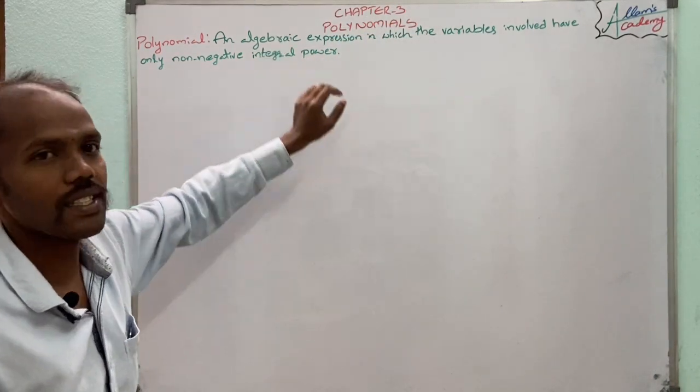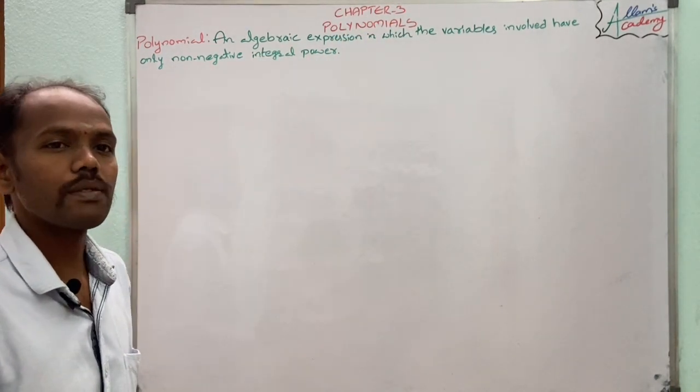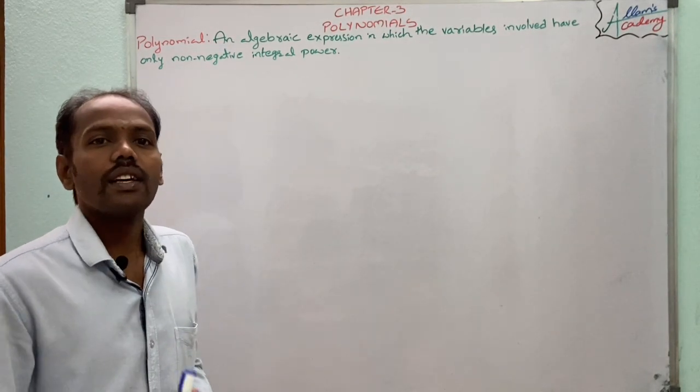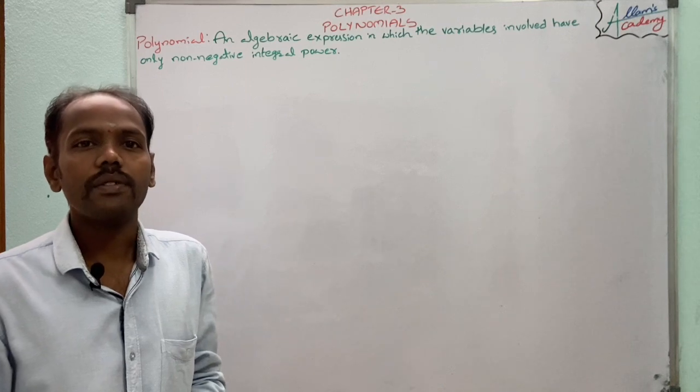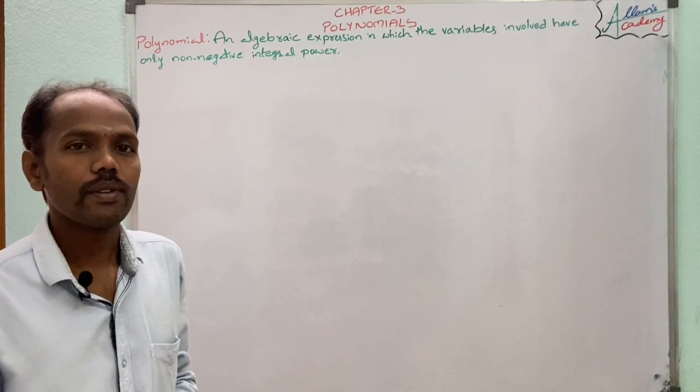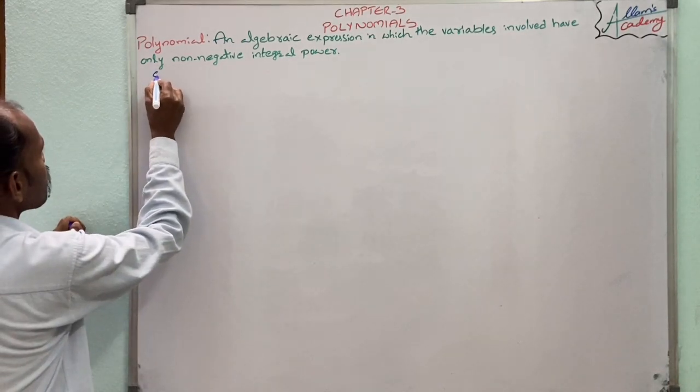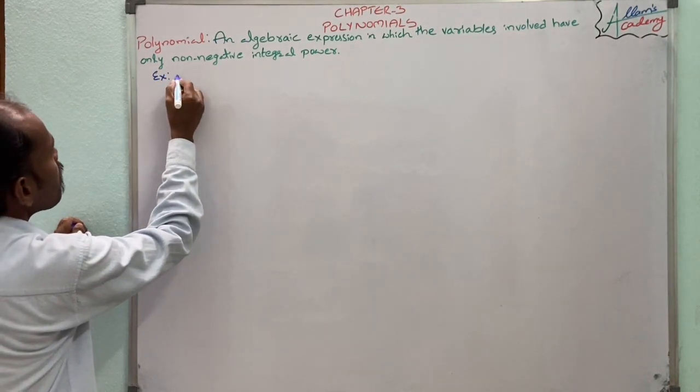Non-negative integers are nothing but the positive integers and zero. Okay, so we see some examples.